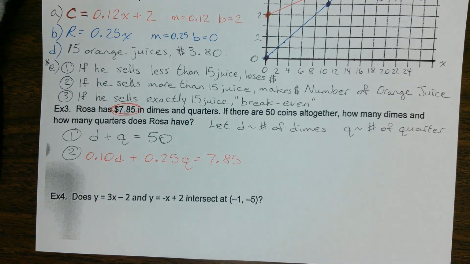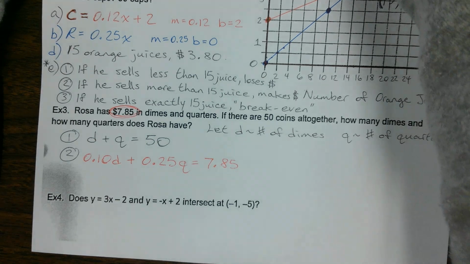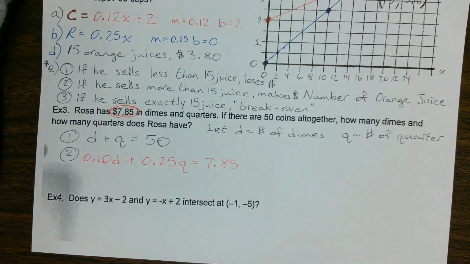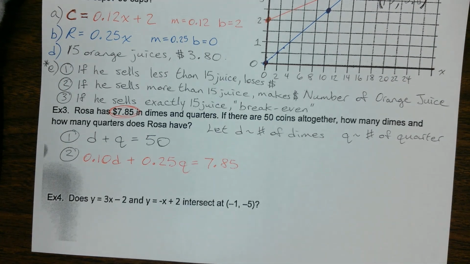That's one line. Oh, I think I have to use X and Y. Okay, X plus Y equals 50. And the second one, 0.10X plus 0.25Y equals 7.85. Zoom it in.